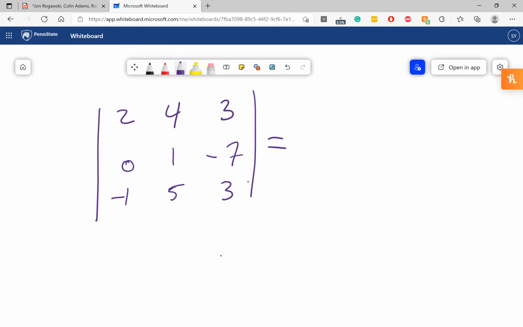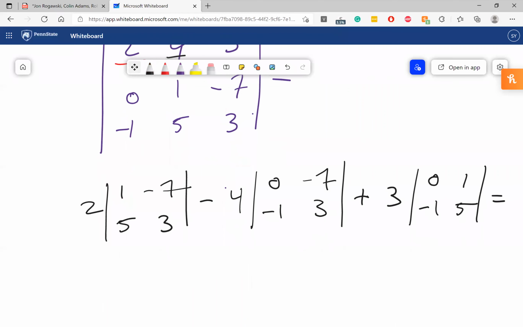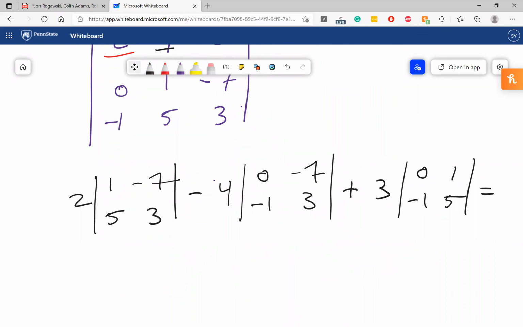So again, you go to the first part, you write down 2 times the matrix 1, negative 7, 5, 3. Minus second component 4 times the matrix 0, negative 7, negative 1, 3. Plus 3 times the matrix 0, 1, negative 1, 5. Okay, please take 2 minutes and finish this problem.